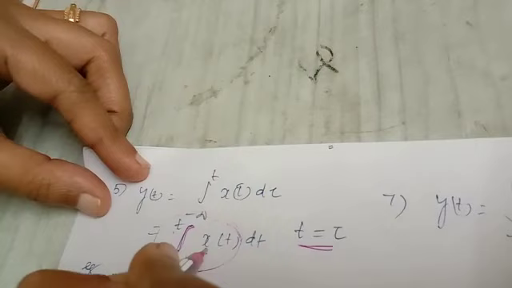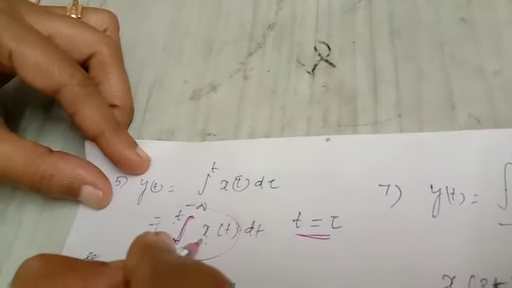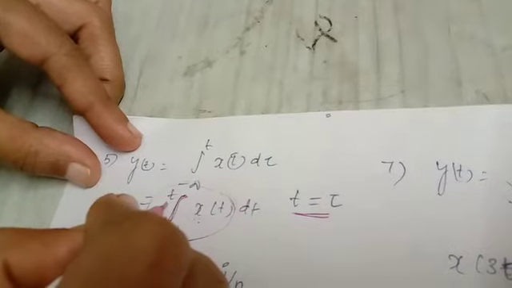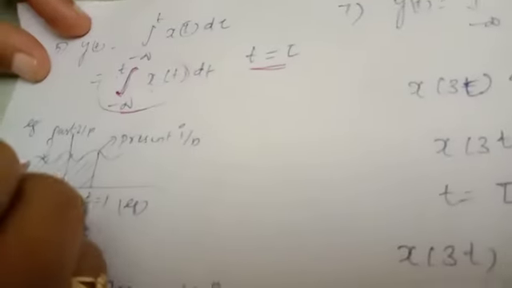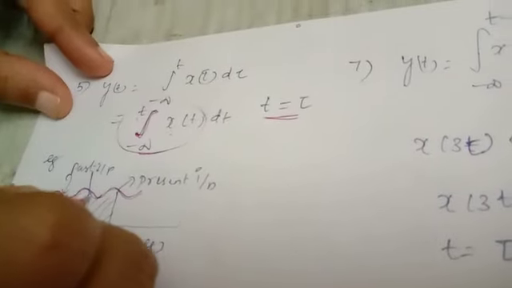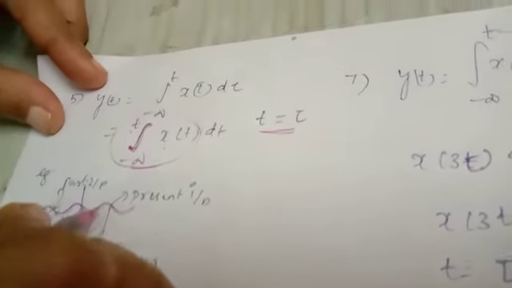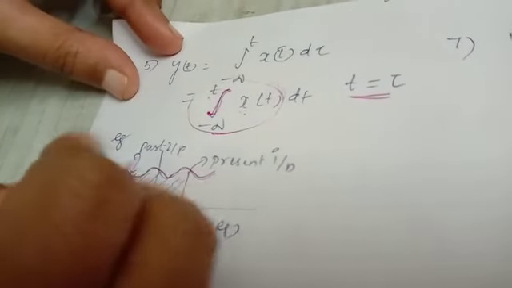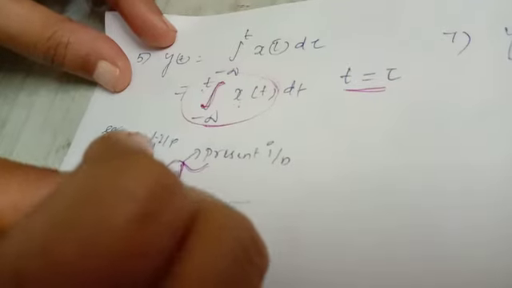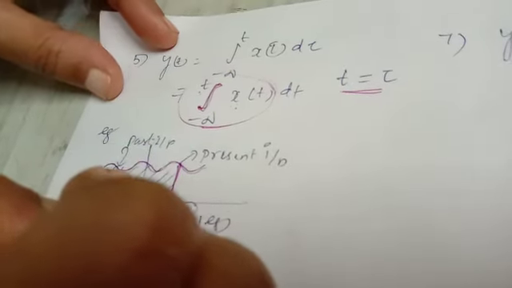Integration is nothing but the area under the curve x of t, for the value of t from minus infinity to plus infinity. Say, for example, the signal is like this, any random signal x of t, and for this example we take the limit from minus infinity to t, the present value, say it is equal to 1.